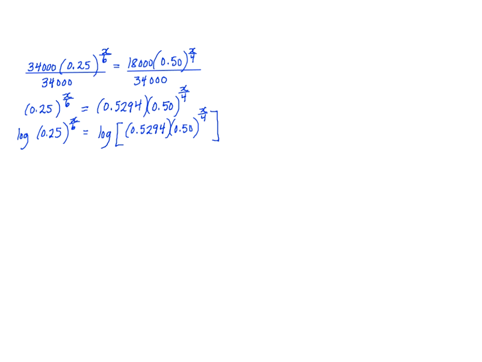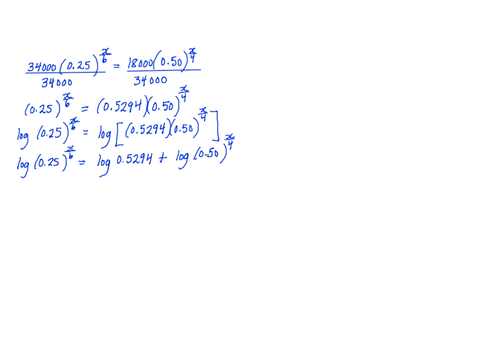So we're going to rewrite that as the sum of 2 logarithms. So we have the log of decimal 25 raised to the power of x over 6, and that will be equal to the log of decimal 5294 plus the log of decimal 50 raised to the power of x over 4. So in this case, we are using the product law of logarithms.